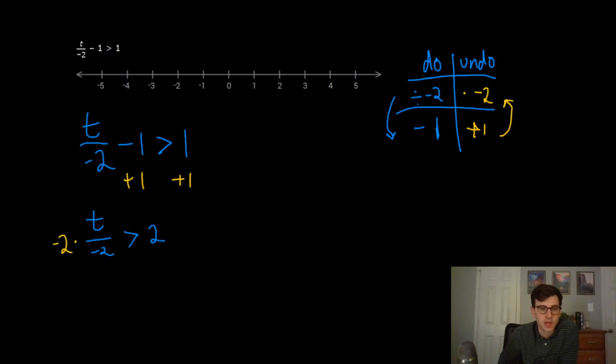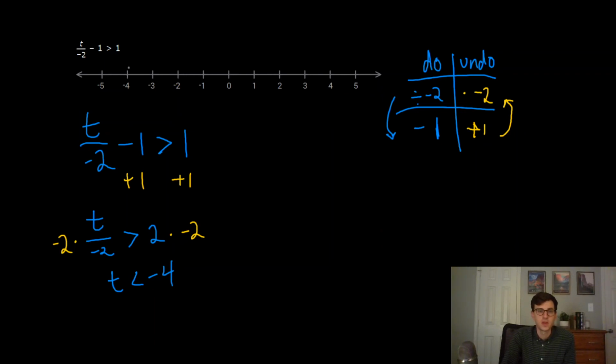Multiply both sides by negative 2. And now, remember, we've talked about this in the past, if you multiply or divide both sides by a negative, and here I'm multiplying both sides by negative 2, then I need to flip my inequality sign. So t is less than negative 4.